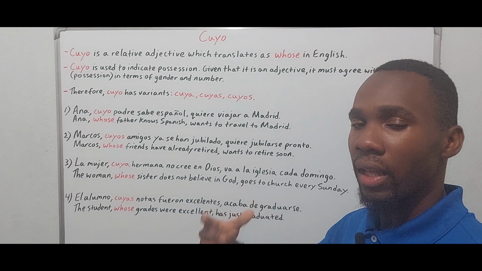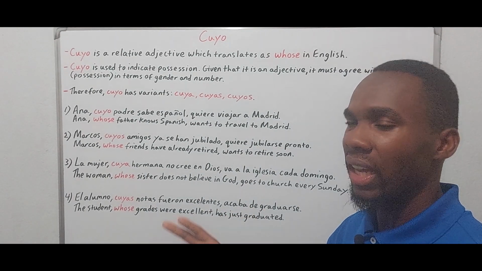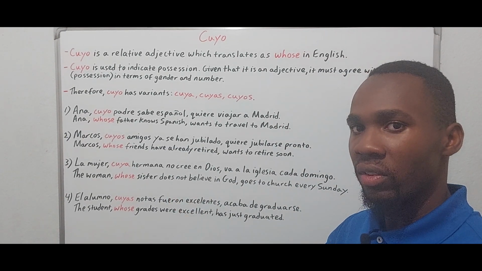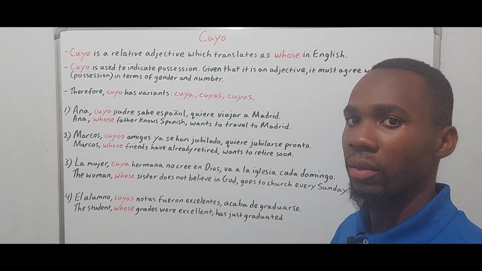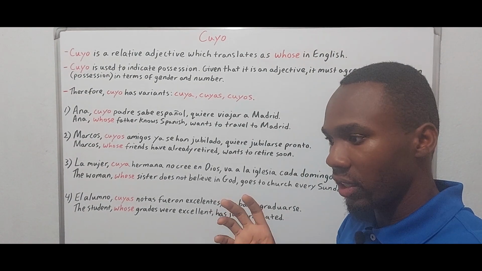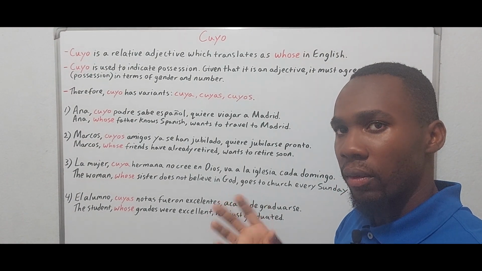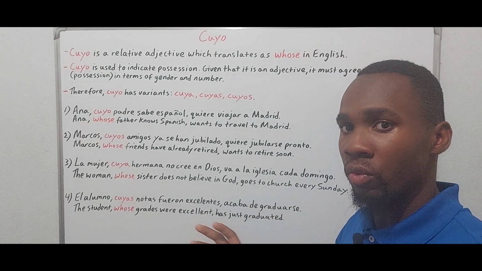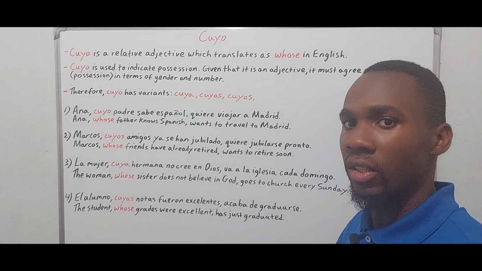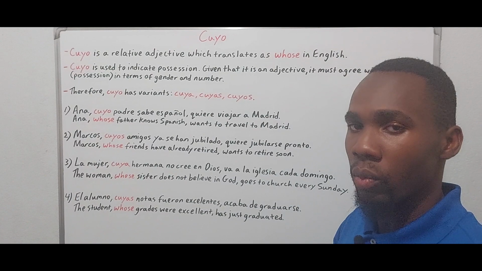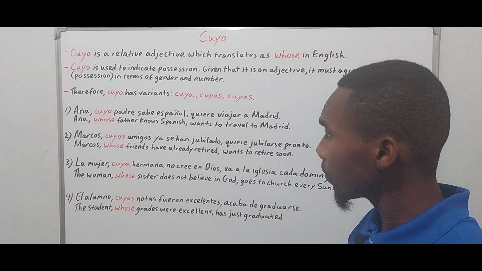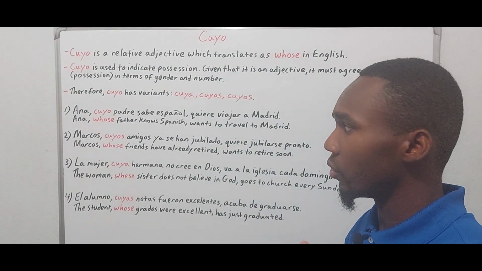We are saying that a particular subject owns something or someone. And that entire clause that starts with whose will provide additional information about what we were talking about earlier, right? So let's look at some examples.